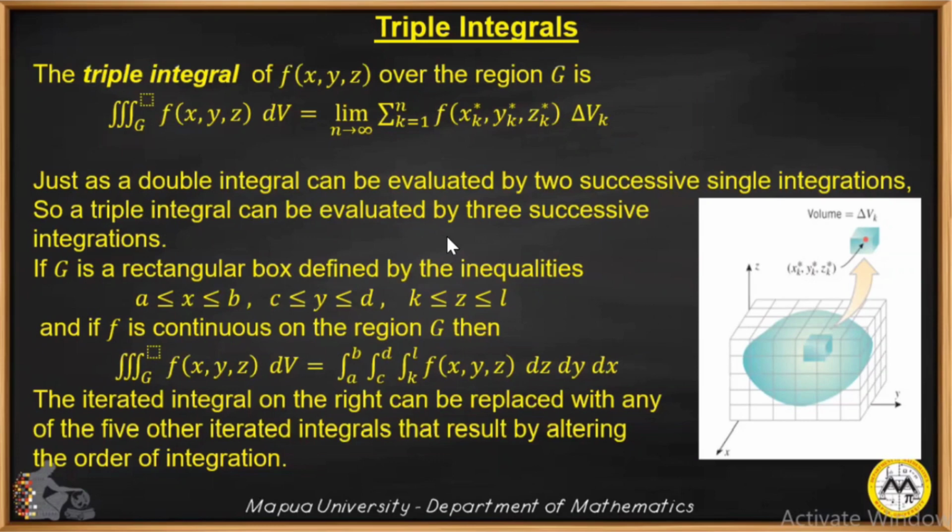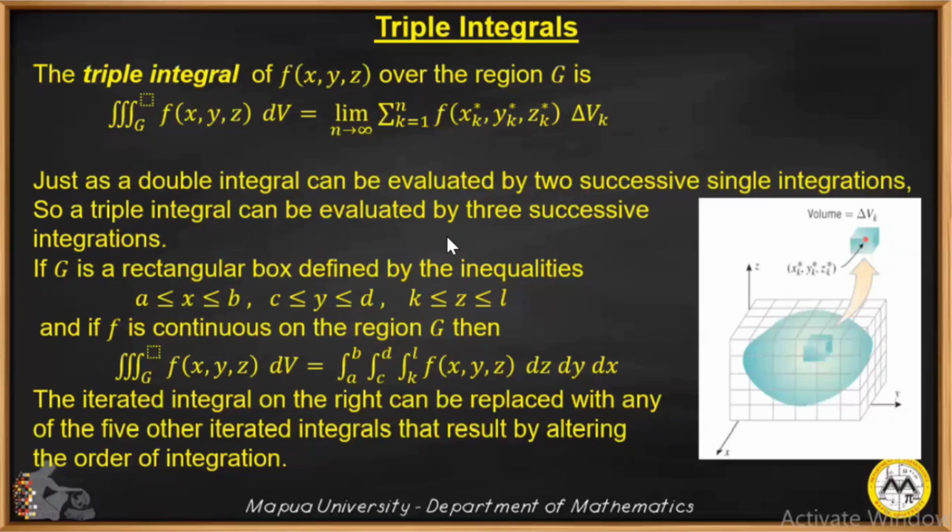But of course, it depends on whether the region G is rectangular or non-rectangular. If the region G is rectangular, then we can use any of the six iterated integrals.